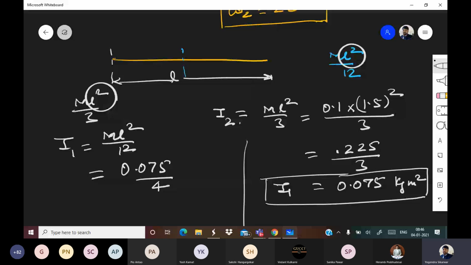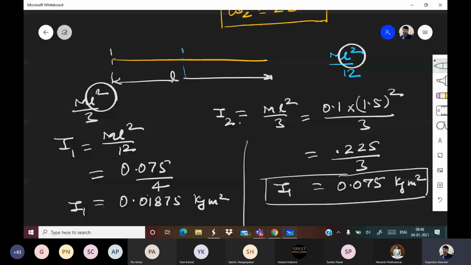Why? Because ml square by 3 is 0.075. So by 4 comes out to be 0.01875 kg into meter square, and this is I2.